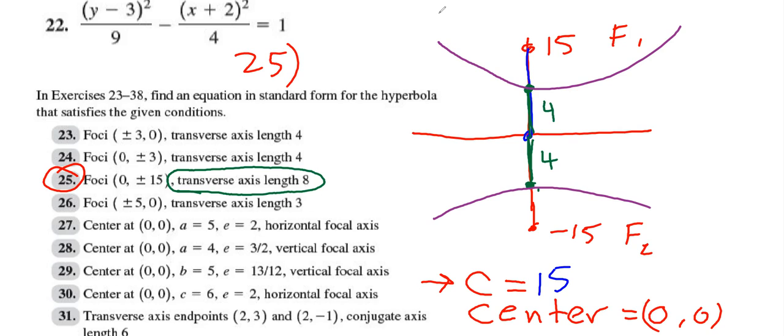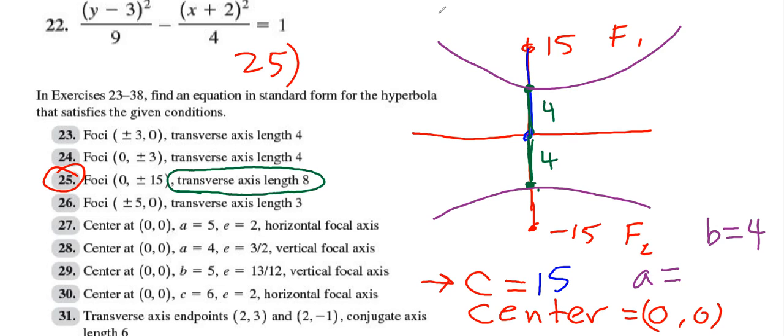What are the vertices there? 0, 4 and 0, negative 4. Yes, sir. That means that B is 4. We know our B value is 4.